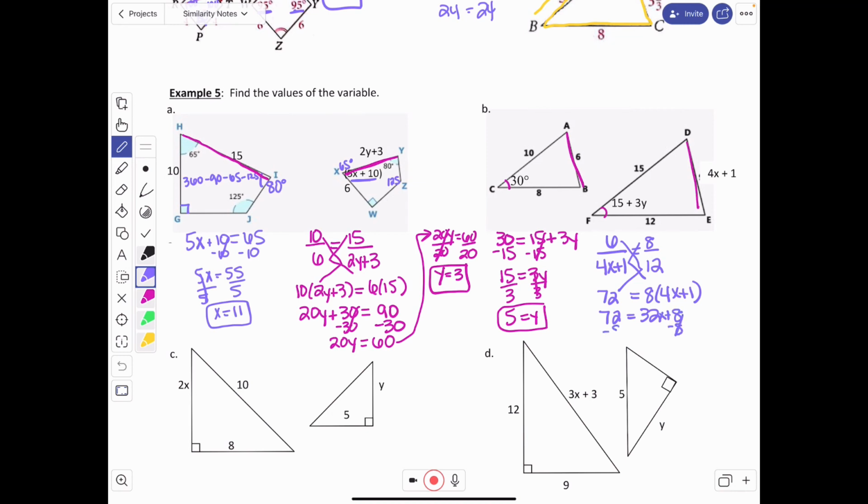If I subtract 8, 72 minus 8 is going to give me 64. So I have 64 equals 32x. I'll divide by 32, and we're going to get 2 for x.